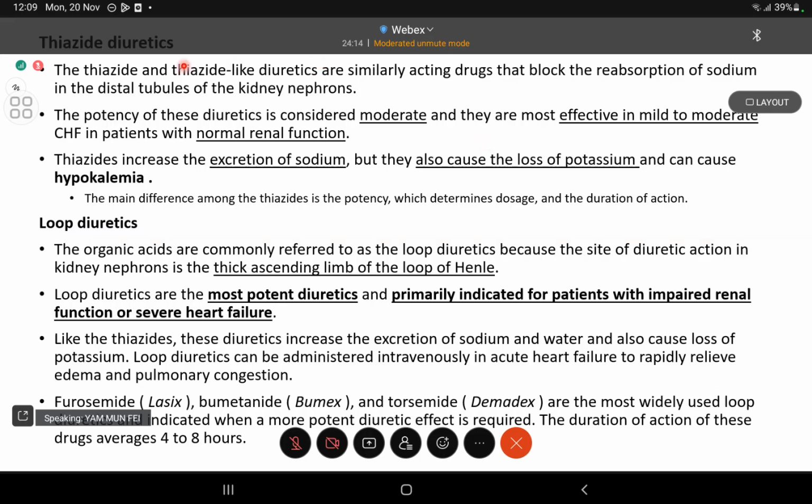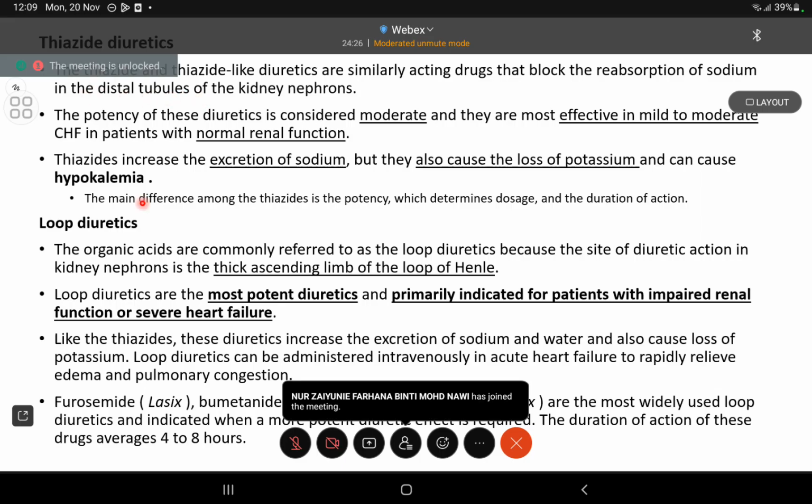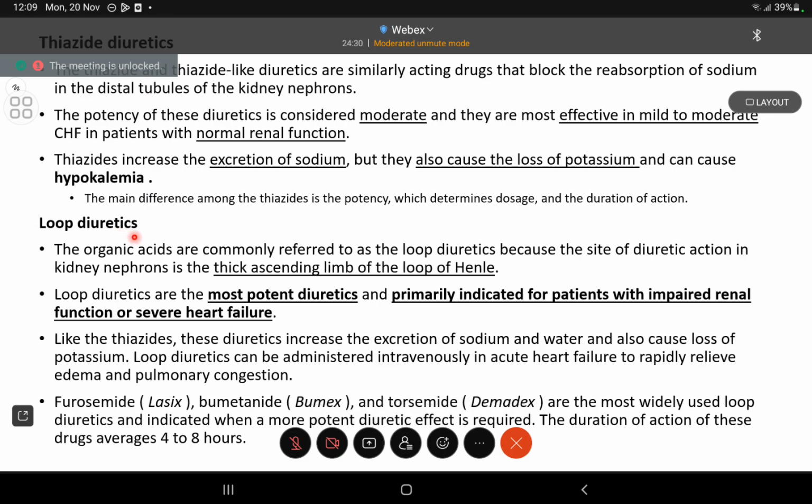So another thing you need to remember is that thiazide diuretic acts in the distal tubule. Distal tubule, you highlight here, distal tubule. So loop diuretic is considered different compared to thiazide, because the location of action is different.